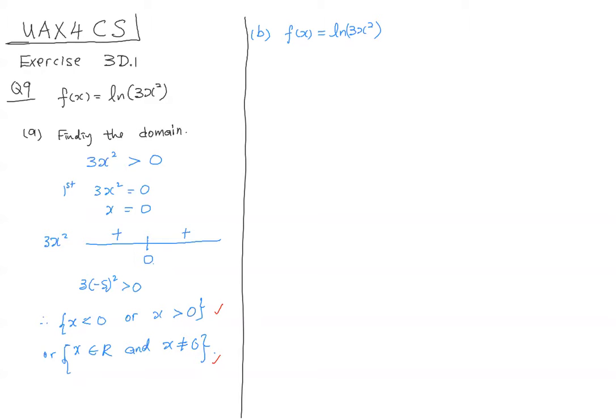I'm going to straight away do f prime x. When you differentiate ln, what must you write at the bottom? Raisa? I put x. Ln is 1 over x.